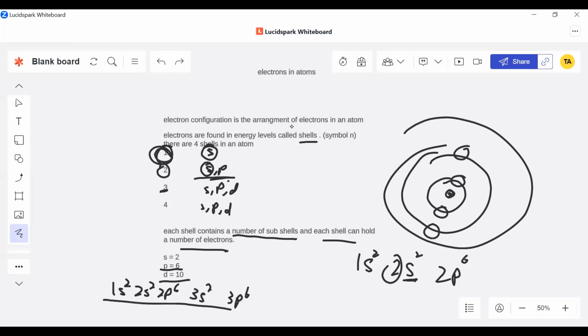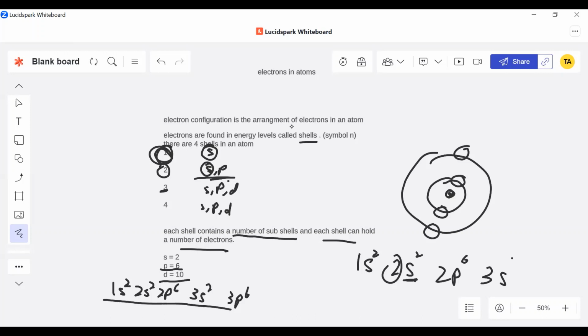Now I move on to the third shell, which is 3. So I start with the S, 3s2, 3p6, right? Because P can hold 6 electrons and S can hold 2 electrons. And then I move on to the D subshell. So 3d, and D can hold a maximum of 10 electrons. So I write 10 right here.